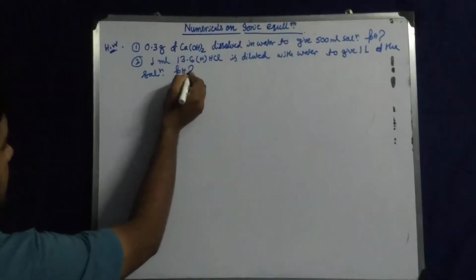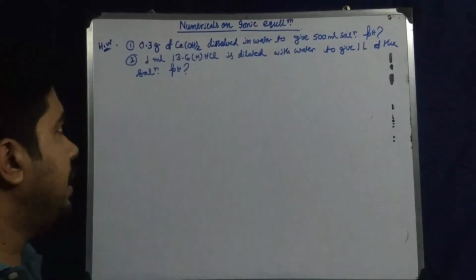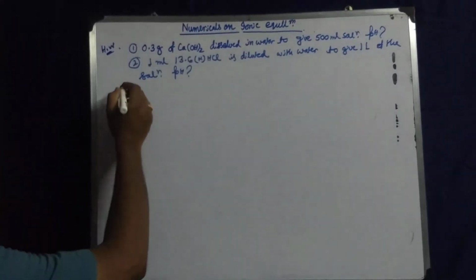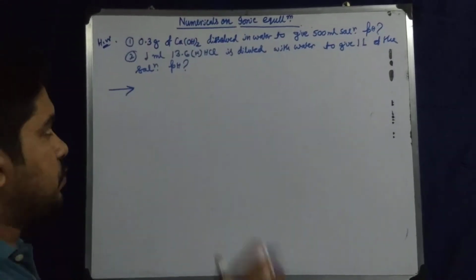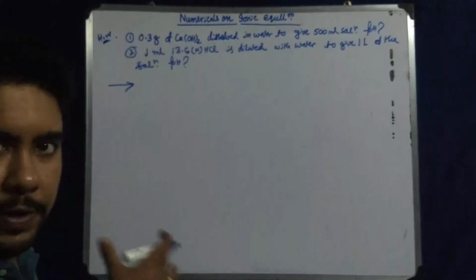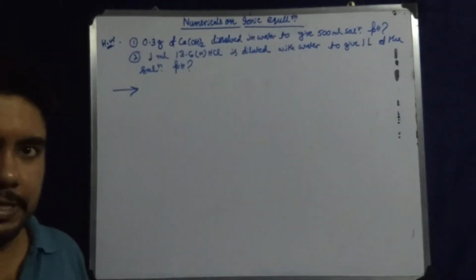Now its pH. Now it seems that question number 2 is somewhat different, no? Between these homework, question number 2 is somewhat different. So let me solve the question number 2 for you. First one you can solve just by watching the previous numerical problems, how we have solved it. So this is the question.